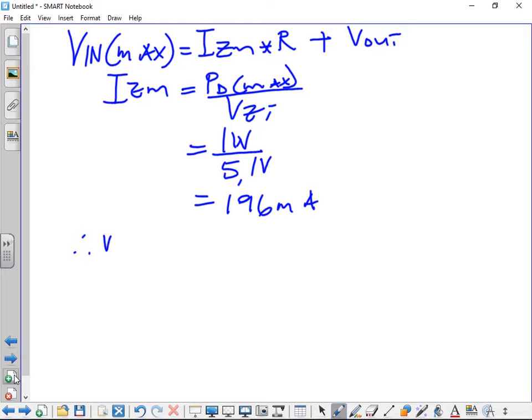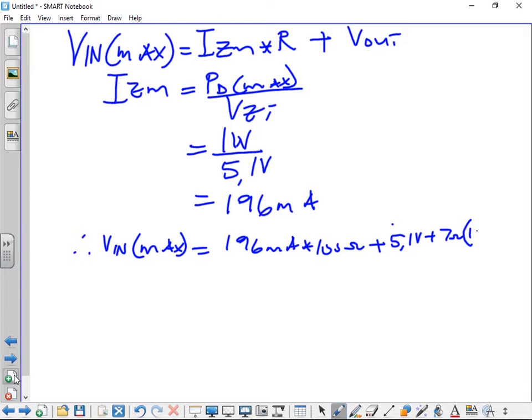Now we take this and put it into our formula. Therefore, V in maximum would be IZM, 196 milliamperes, times the value of R, 100 ohms, plus V out, VZT, which is 5,1 volts, plus ZZ, 7 ohms, into 196 minus 49 milliamperes.